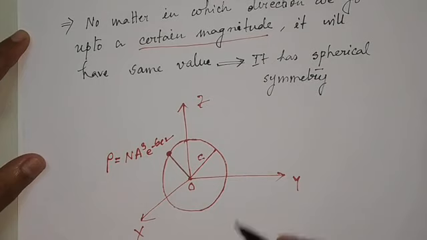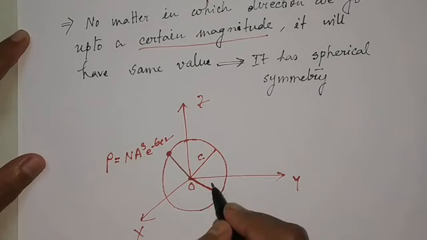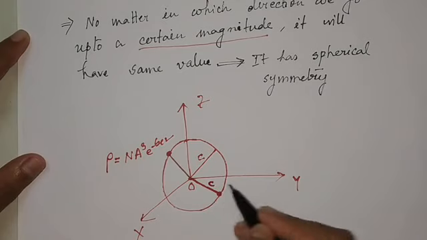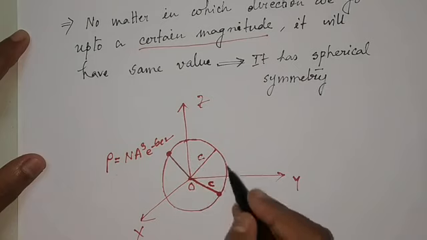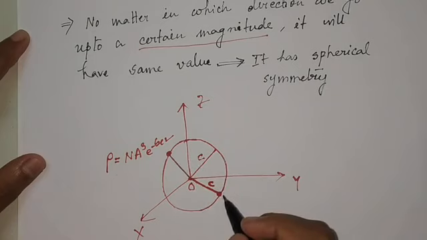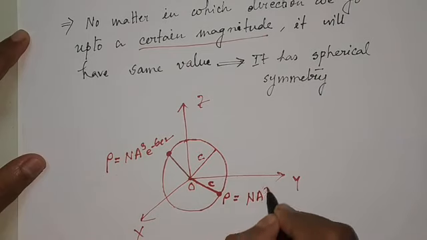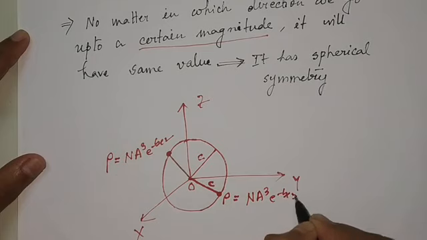Now if we choose another direction, suppose in this direction we go up to the same magnitude, which is c, then we will reach this point, which again will lie on the surface of this sphere, and over here also we will find that the number density will be rho equals n a cube e to the power minus b c square.